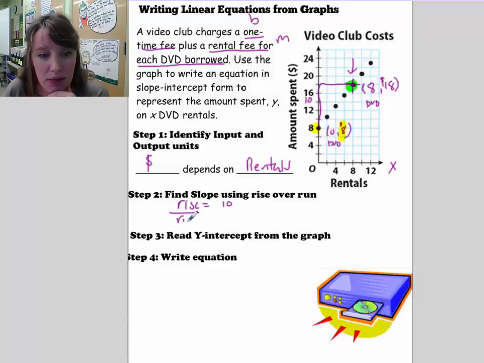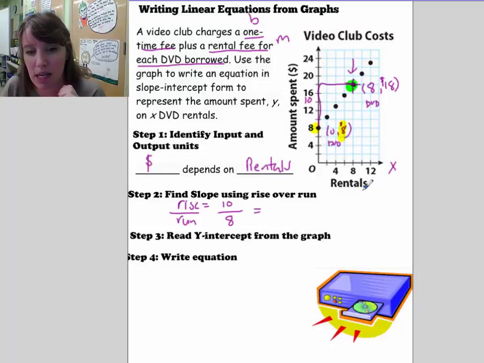Now the run across: every dash here represents 2 units. So we go 2, 4, 6, 8. Our run is 8. Actually, in this case it would have been okay to just count because the x and y axes increment at the same rate.